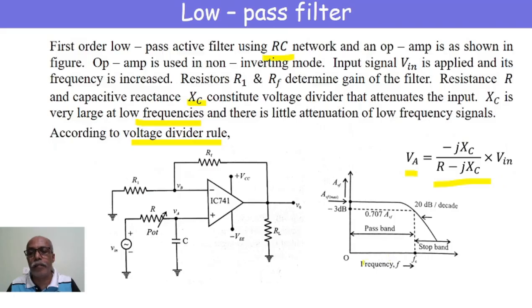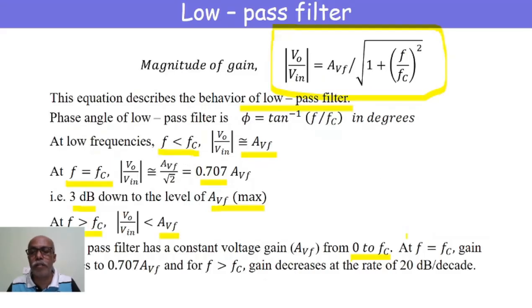So we can see here, from 0 to fc it will have a constant voltage gain, and from then onwards it decreases, at the rate of 20 decibels per decade. This is the rate of decrease beyond fc. This is about the low pass filter.